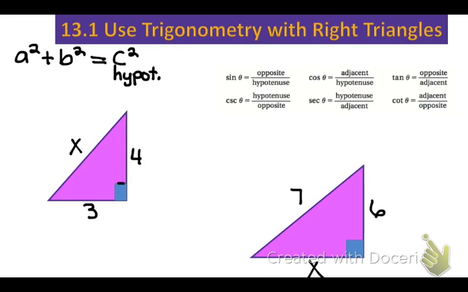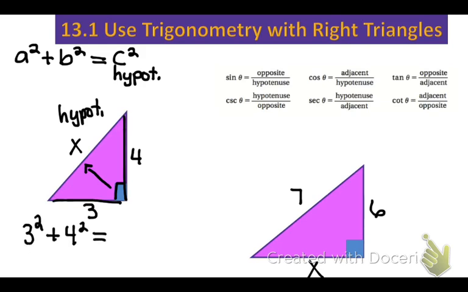So here I have a 90-degree angle indicated. The side opposite the 90-degree angle indicates the hypotenuse. It's the longest side. So knowing that, and again, this should be review, the 3 and the 4 represent the legs. So 3 squared plus 4 squared will equal x squared, or from the formula I have c squared.